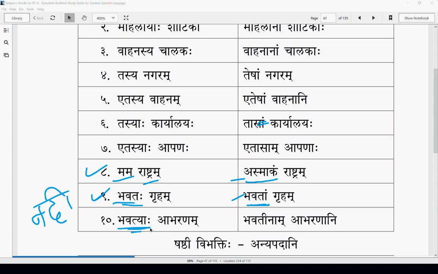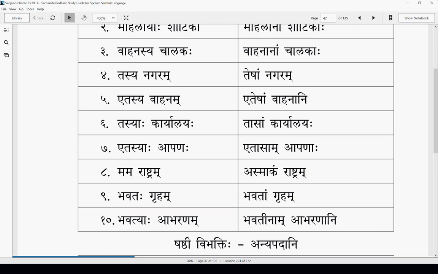But Bhavati is the same as Nadi, Dirgha Ikaranta, as we have studied. So Bhavatyaha, Nadyaha, Putryaha, Matamahyaha are all the same. And Strilinga Bahuvachana becomes Bhavatinam, like Matamahinam, Putrinam, Sakhinam. These are the Shashti Vibhakti Bahuvachana forms of Dirgha Ikaranta Strilinga words.